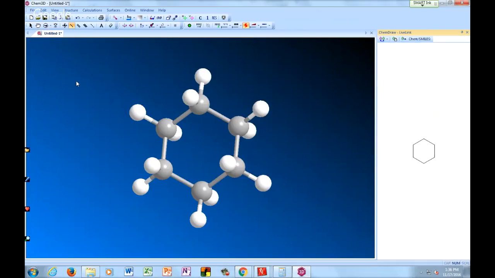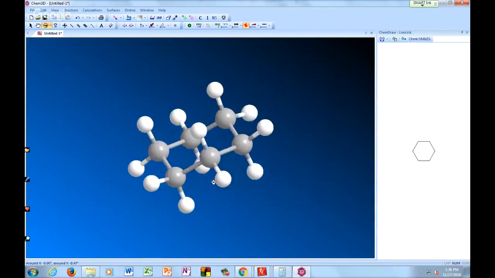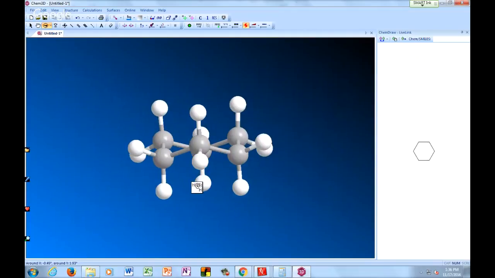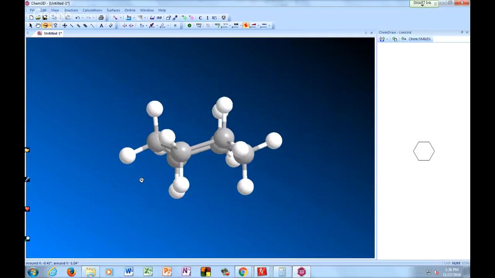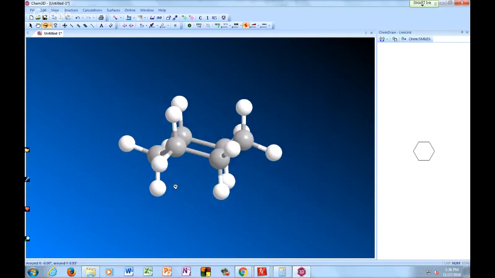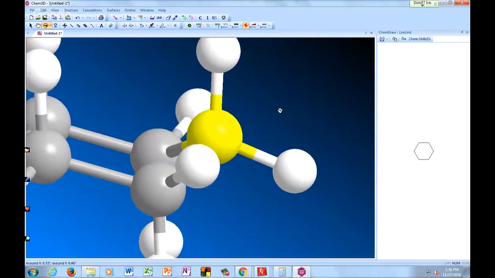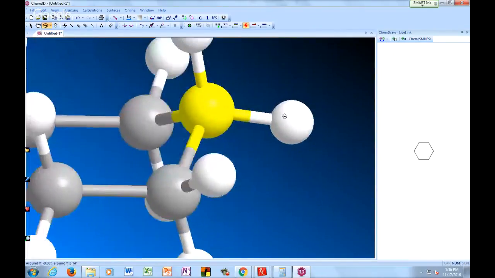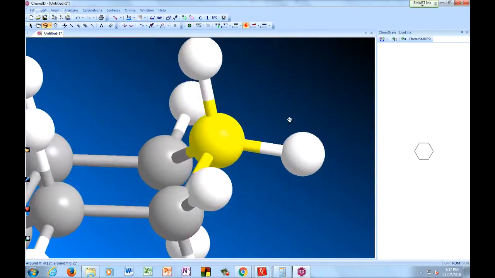Cyclohexane actually looks like this. If we're looking at it head on, it looks pretty flat like a hexagon. But what it's really doing is something like this. You see how those carbon atoms go up, down, up, down all around the ring? That allows it to relieve that stress. If we zoom in on just one atom, it looks just like that methane, with the same tetrahedral geometry.